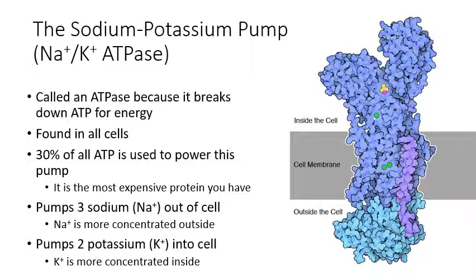Not necessarily in all bacterial cells will you find this pump, but in every mammalian cell you will find this pump. Actually, in every animal cell, you will find this pump. In your body, about 30% of all the ATP that is used is just going to power this pump. So 30% of all the energy that you're producing is for this pump.